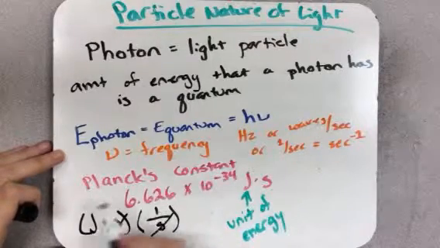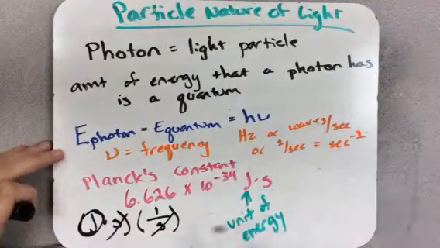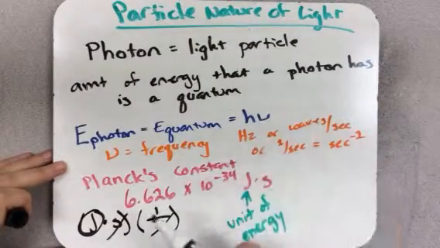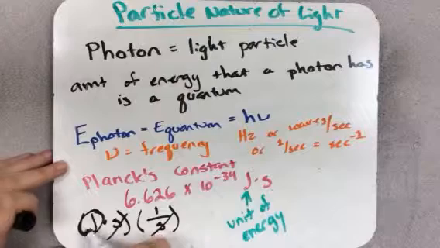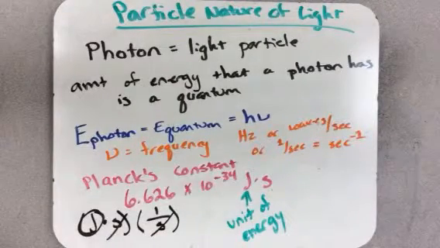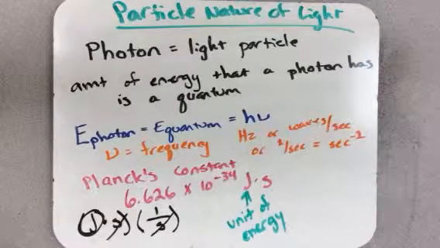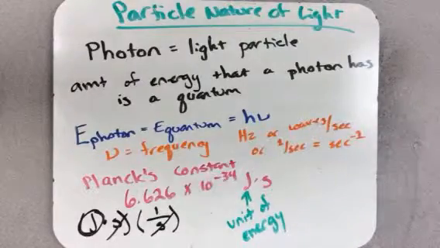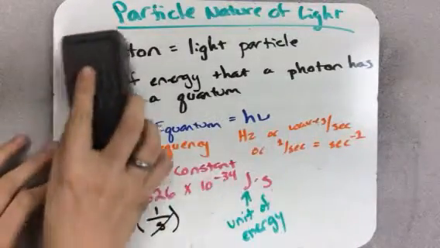And joules times 1 is just joules. So when you multiply Planck's constant times frequency, you will get a unit of joules, and that is how much energy is carried by a photon that is at that frequency.